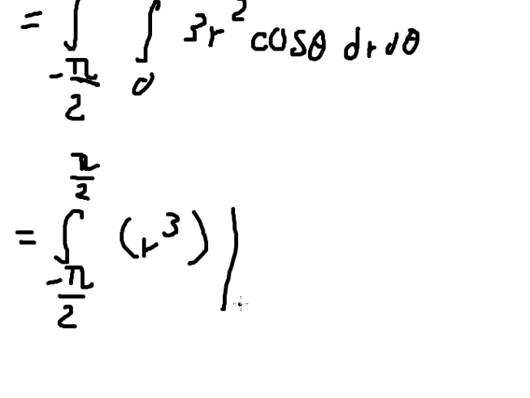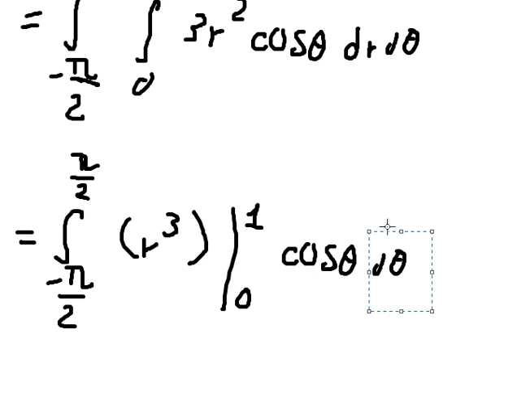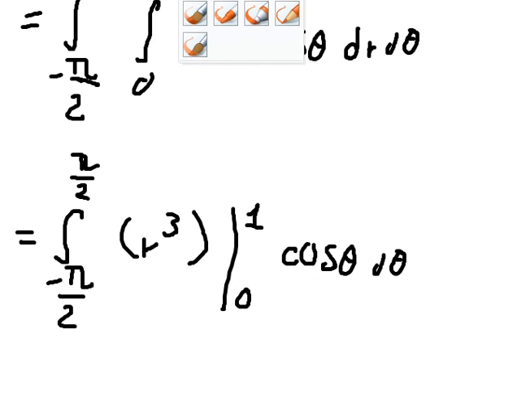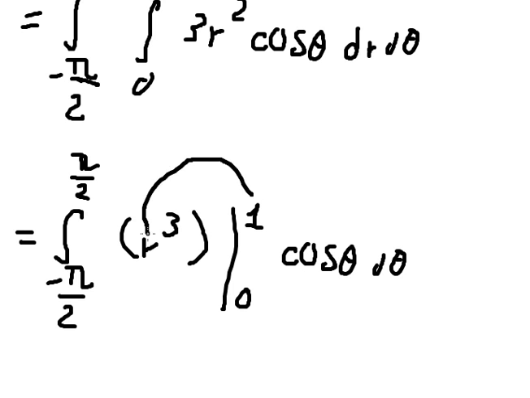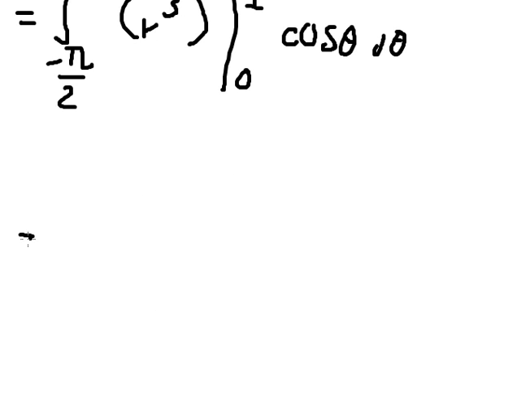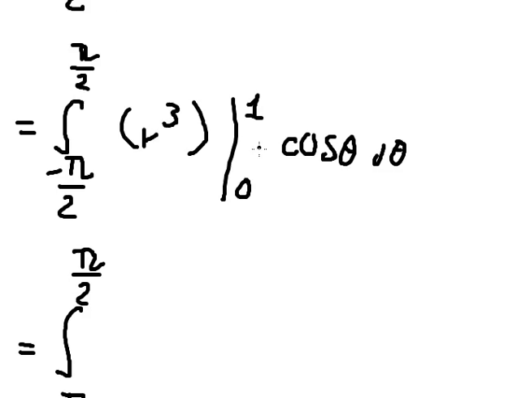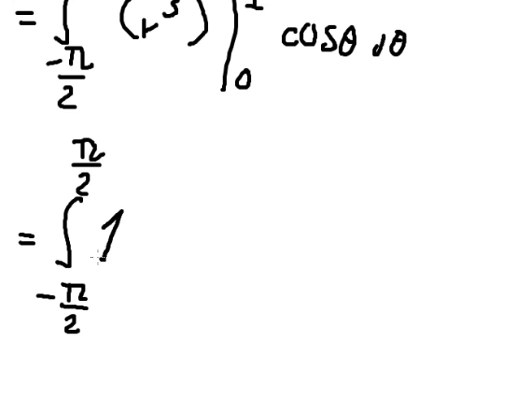And we put the bounds from 0 to number 1. So we put number 1 going here, number 0 going here. And we just have number 1.